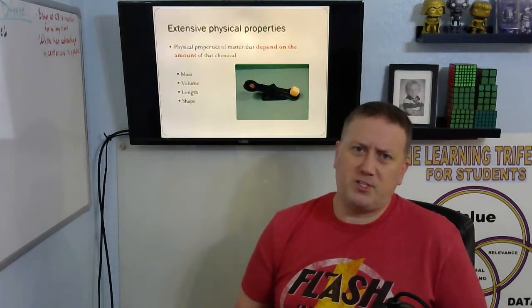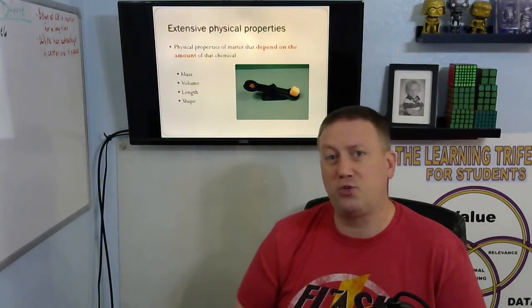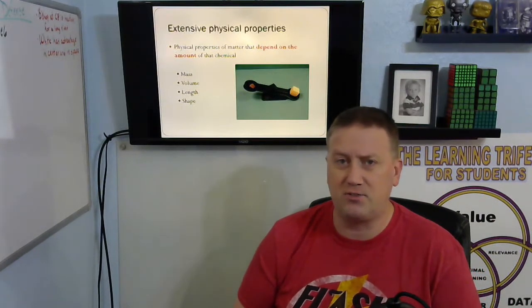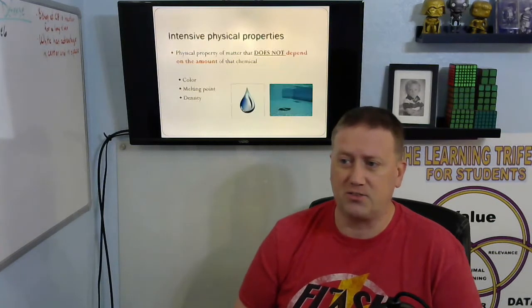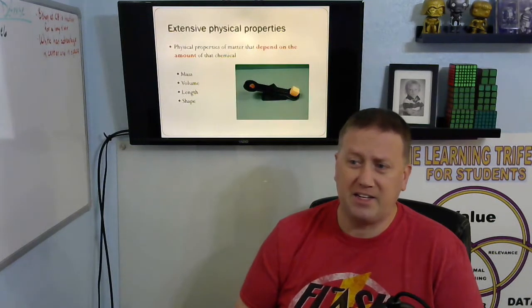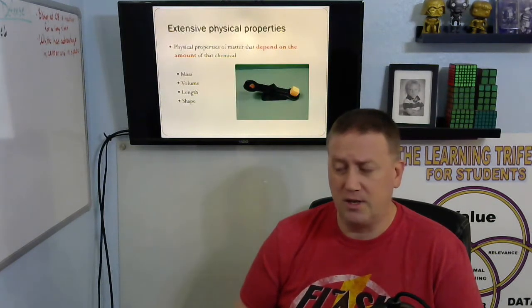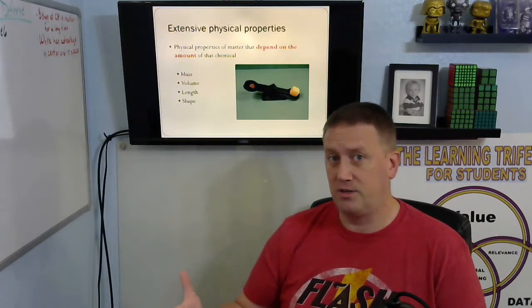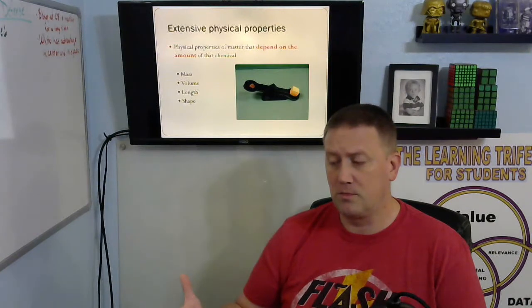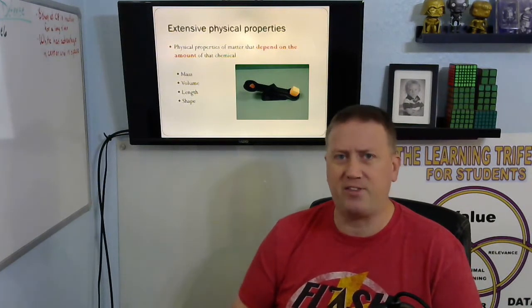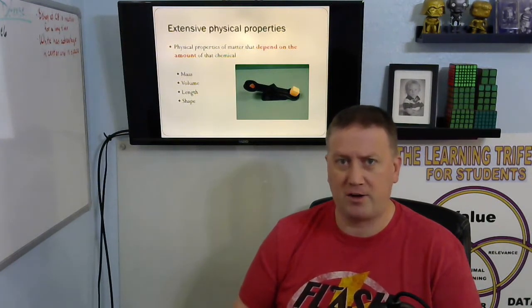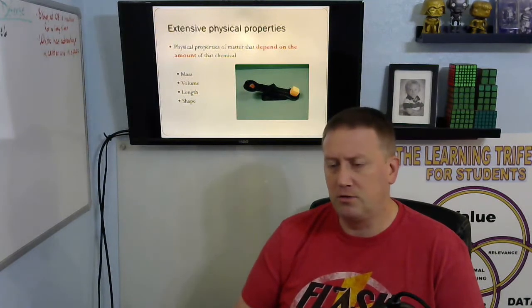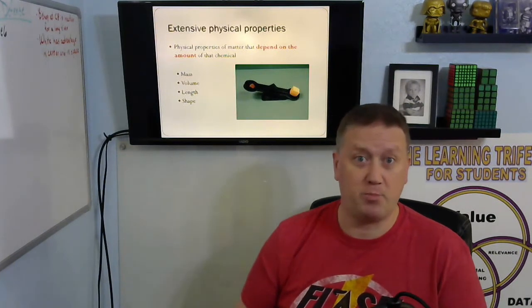So with physical properties, we have two types. We have extensive and intensive. The extensive properties, these are things that depend on the amount of that chemical. And they include things like the mass of the matter, volume, the length, the shape.